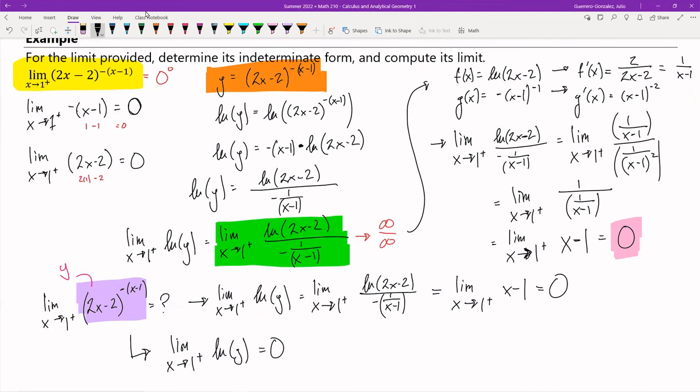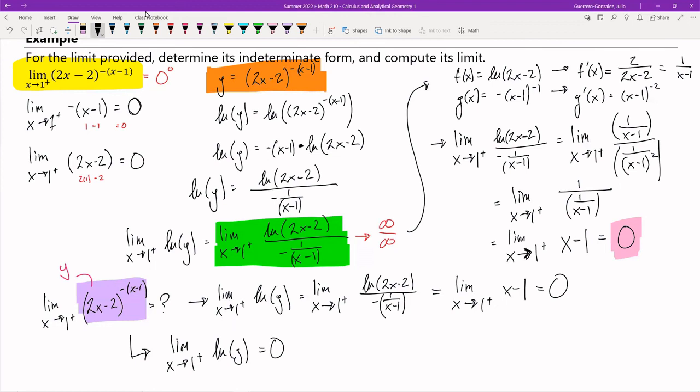So that means the outputs, listen to what this is going to be saying, the outputs of the ln of y are approaching 0, right? Think back to pre-calculus. If your y values for an ln are approaching 0, then that means that the inputs of the values were approaching 1.